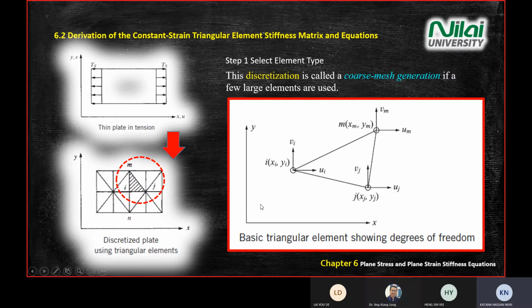Do they have to be triangular elements, or can we use different shapes? In this chapter, you need 3 points. As long as you have 3 points, then the shape of the rectangular is not an issue. As long as you have 3 points, then you combine these 3 points together. Okay. Understand? Yeah. So we start with 3 points first.